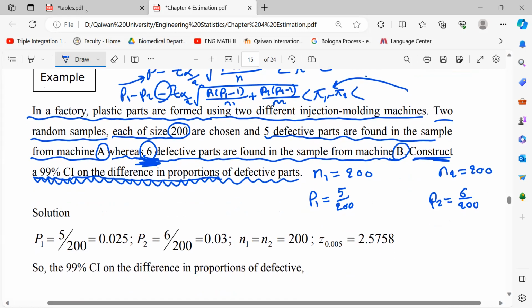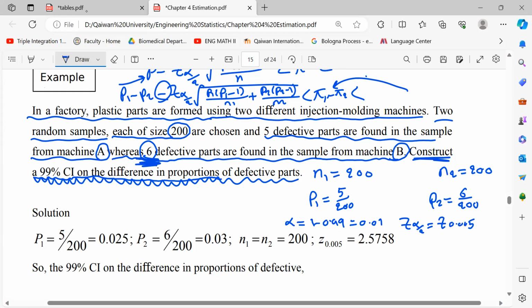Alpha is common in both populations. Alpha is 1 minus 0.99, which is 0.01. Then Z of alpha over 2 is Z of 0.01 divided by 2.